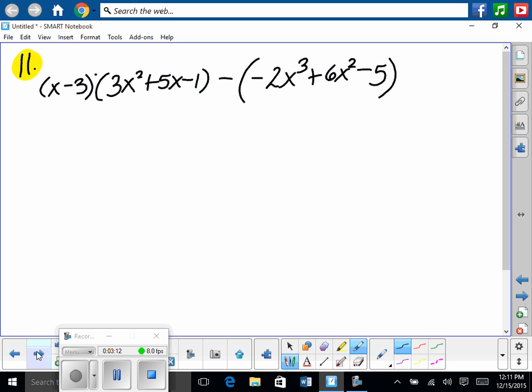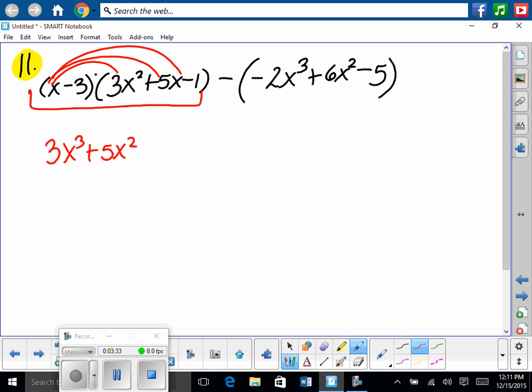Okay, on the next one, once again, you've got to take care of Please Excuse My Dear Aunt Sally first. So parentheses. If there's anything inside your parentheses to simplify, you can. And then multiplication comes next. I have these two things being multiplied, so I'm going to distribute that through. That's 3x cubed, and then plus 5x squared, and then minus x.